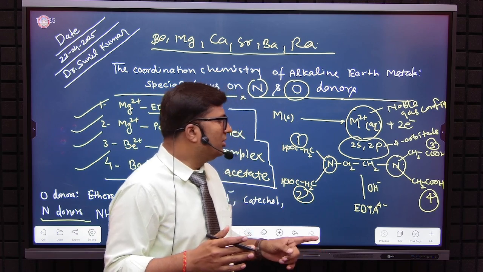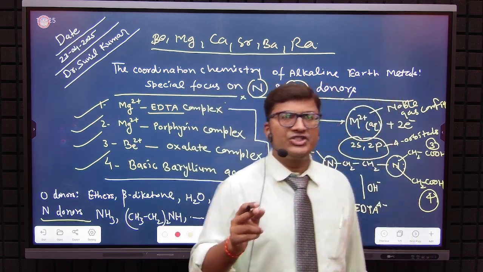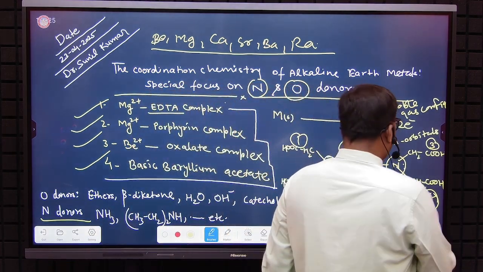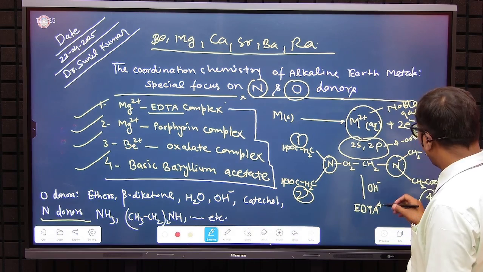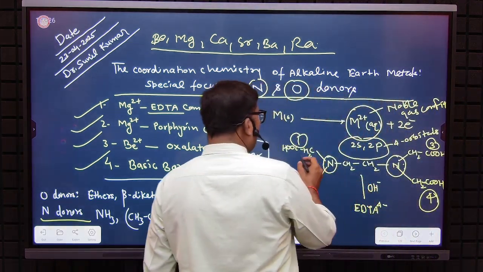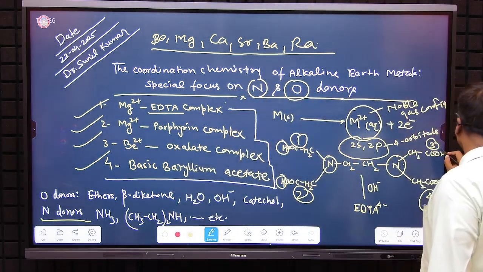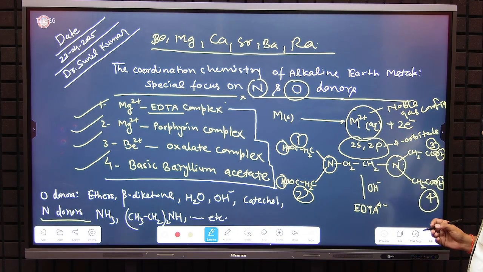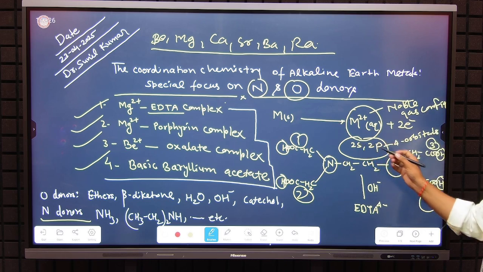So what is actually done: once we add alkali, that is OH minus, it forms EDTA 4 minus. So this is a polyanion. It has 4 negative charges, right? This is because of the ionization of 4 hydrogens, this hydrogen, this hydrogen, this hydrogen, and this hydrogen. So there are 4 hydrogens which are attached with oxygen atoms in this organic group.